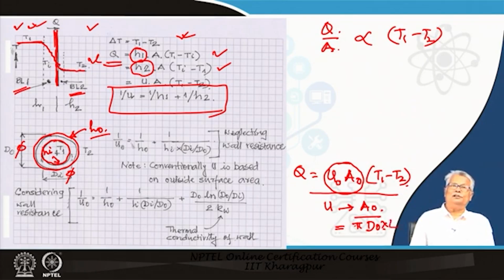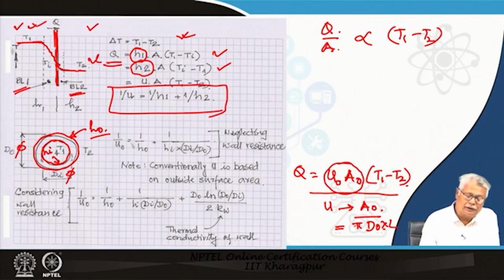There is one more thing which is also there. Well, if I have a wall with a thermal conductivity Kw, the thermal conductivity of the wall is Kw.